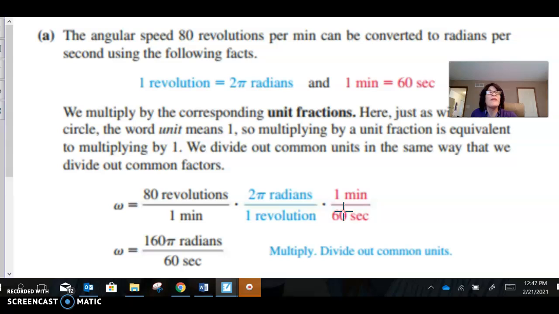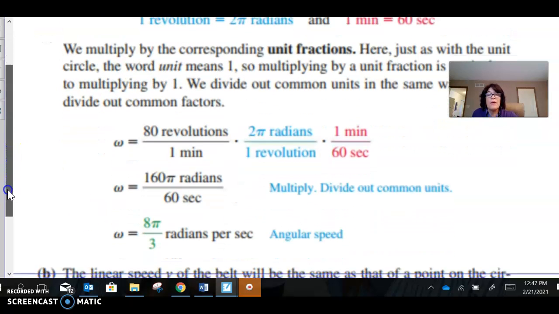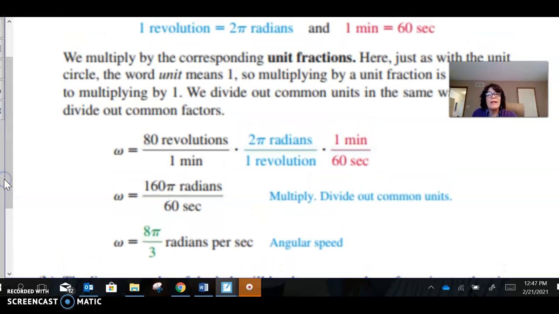We've done this. We're changing revolutions per minute to radians per second because they asked for that. So when you divide that out, you get 160 pi over 60. The angular speed, omega, is 8 pi over 3 radians per second.